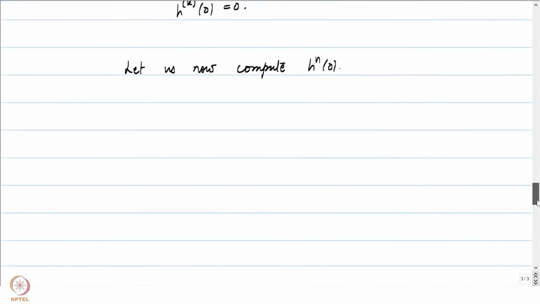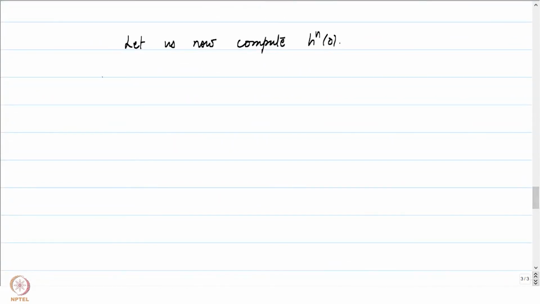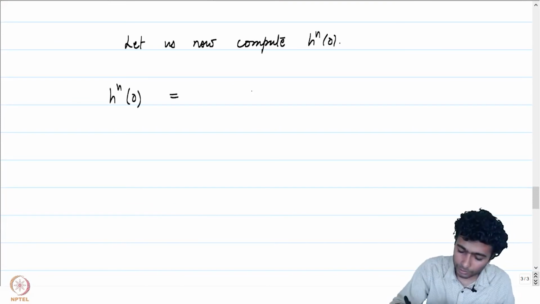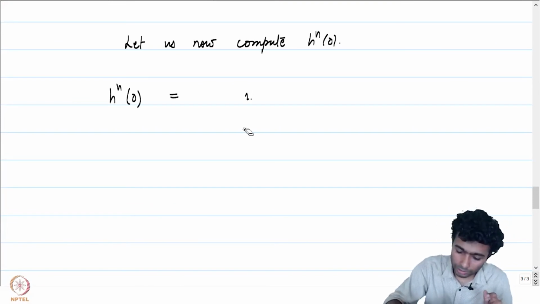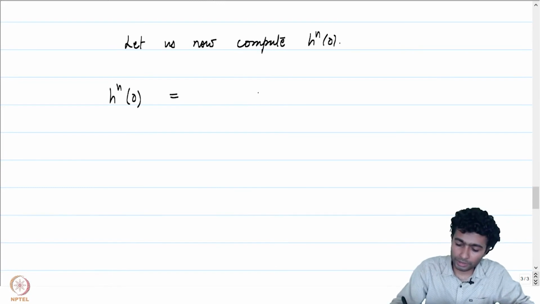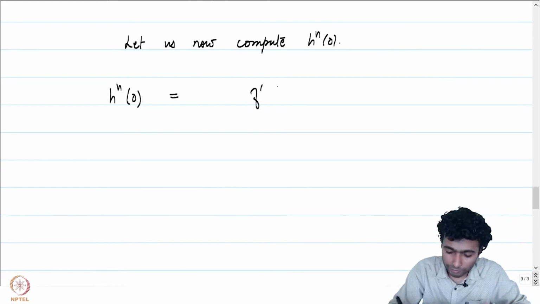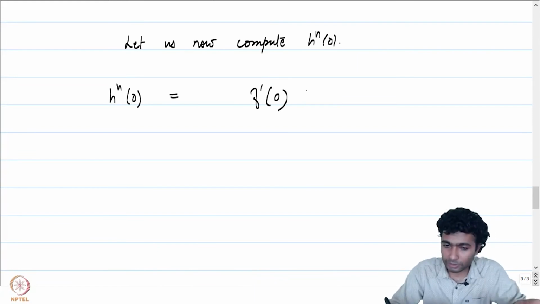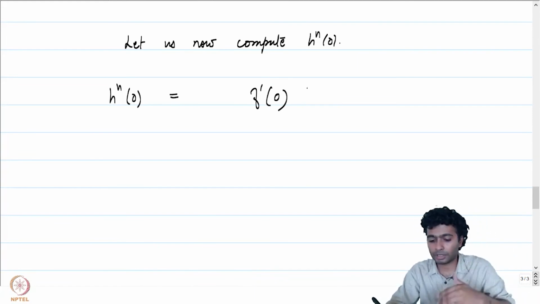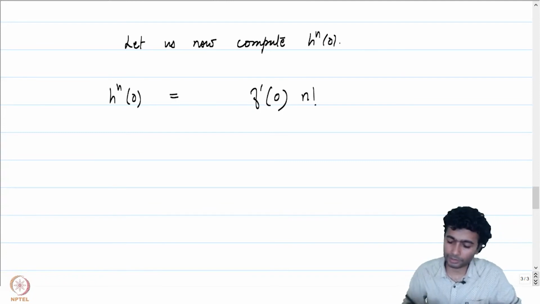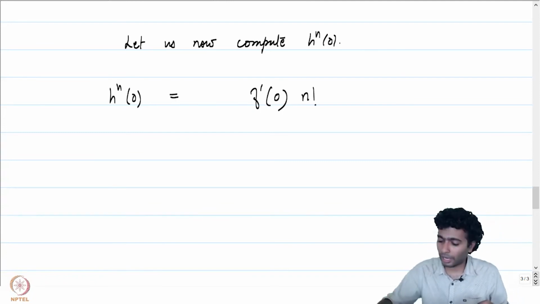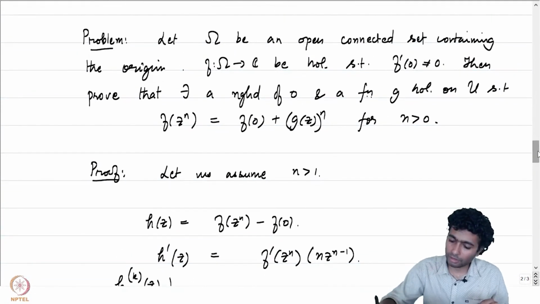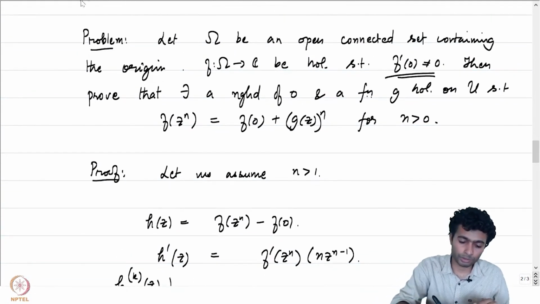So let's write that down. h^(n)(0) is going to be equal to n choose 0, which is 1, so let me not write that, then the 0th derivative of f'(z)^n, which is f'(0)^n, and then the (n-1)th derivative of n times z^(n-1), which is equal to n factorial. This is precisely what we have. And if you go up to our assumption, we have f'(0) is not equal to 0.